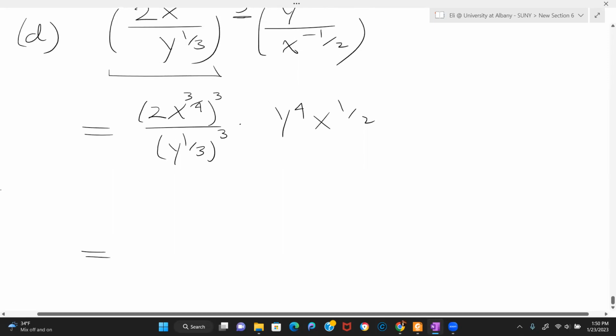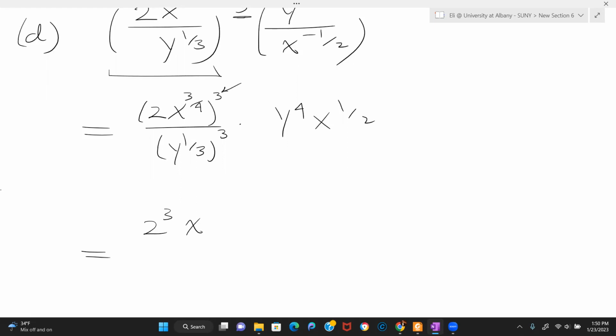And now I'm cubing this product, so it's going to be 2 to the 3rd, and then x to the 3/4 raised to the third power, so I multiply the exponents to get 9 over 4. And then in the denominator, I have y to the 1/3 raised to the third, so I multiply the exponents, and that just cancels to give me y. And then of course this is all times y to the 4th, x to the 1/2.